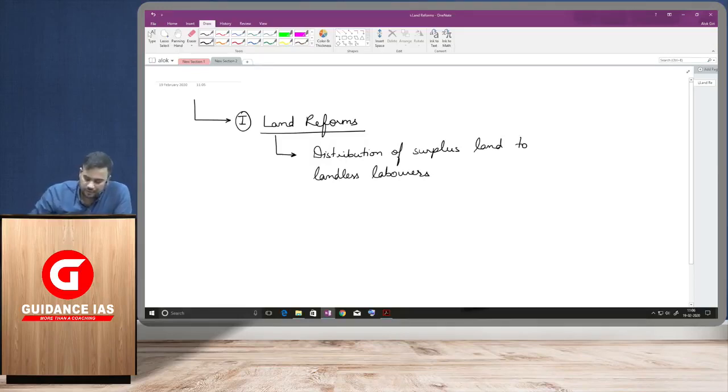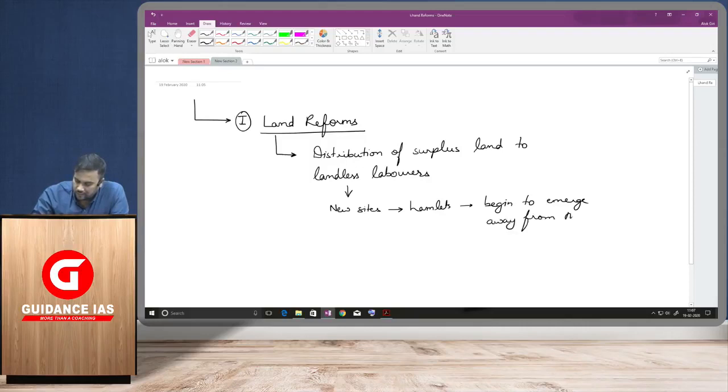With this distribution of surplus land, what has happened? New sites, or sites meaning hamlets, have begun to emerge away from the main village.